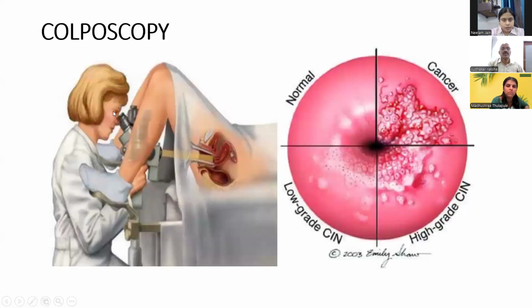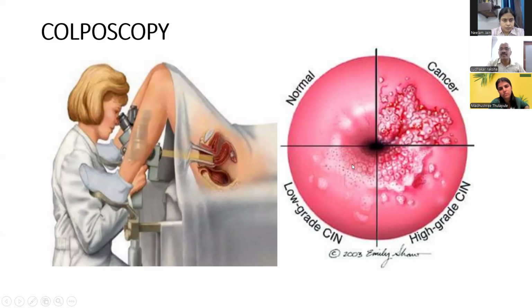So this is colposcopy. In colposcopy, the gynecologist will visualize the cervix. Normally, the cervix is a very pale pink structure. If it is pale pink, there is no problem.